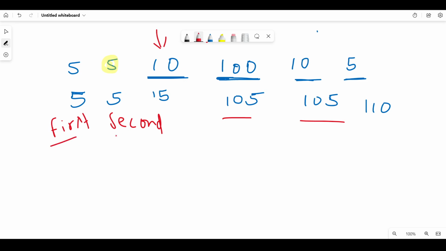So these two variables will be like this. First will be this one, that is not next to it, but the second variable is the maximum amount of money that is robbed from the house just next to it, just previous to it.